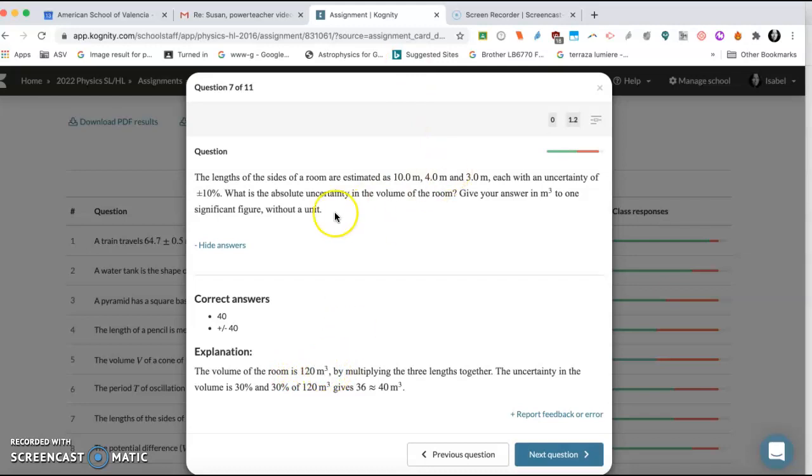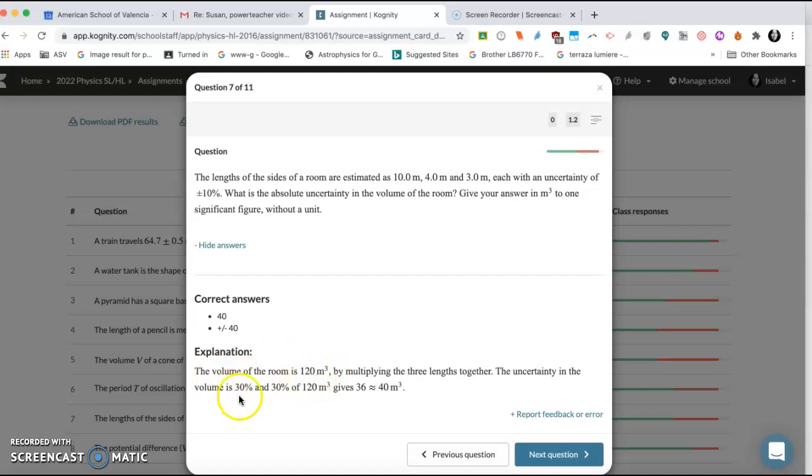Now, what is the percentage uncertainty in this volume? Well, 10% plus 10% plus 10% gives us 30%. How do we find 30% of 120?